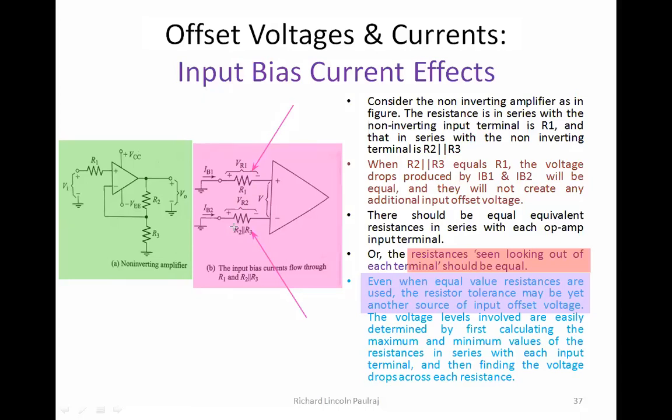So ultimately, I am just talking of an exact replica of the same transistor, of the same resistor, of the same voltage supply, of the same wire, right? So moving on, the voltage levels involved are easily determined by first calculating the maximum and minimum values of the resistances.